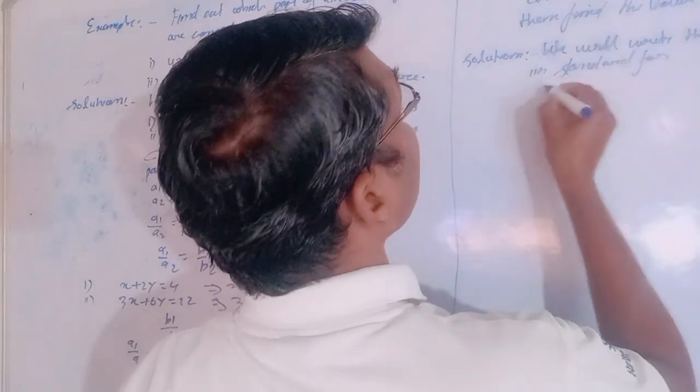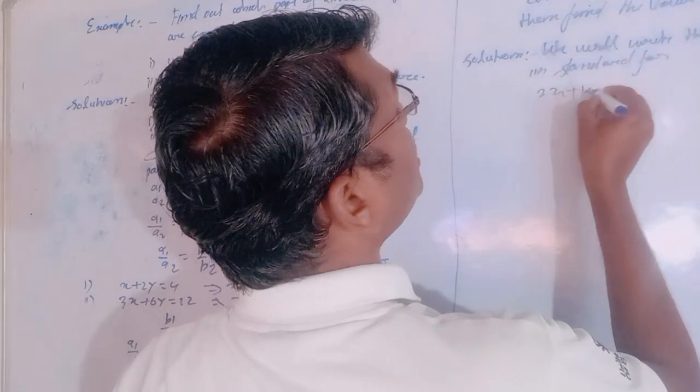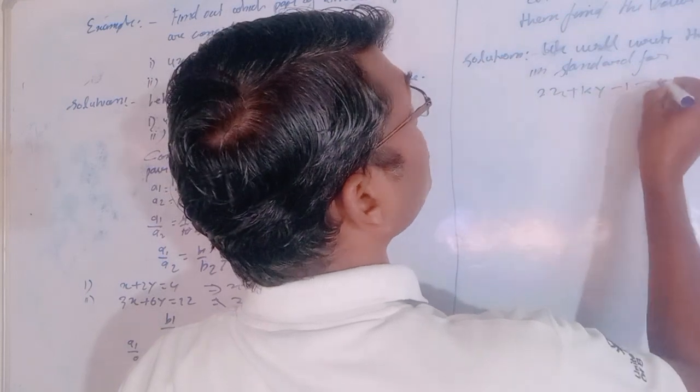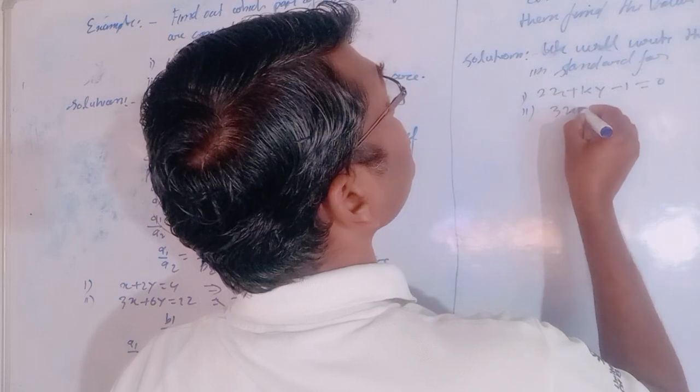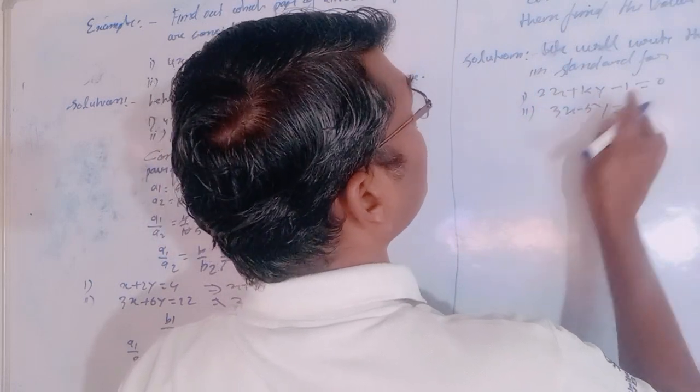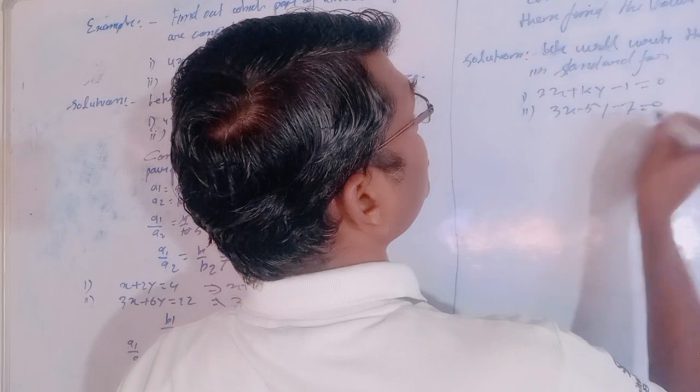The first is 2x plus ky minus 1 is equal to 0, and the second is 3x minus 5y minus 7 is equal to 0.